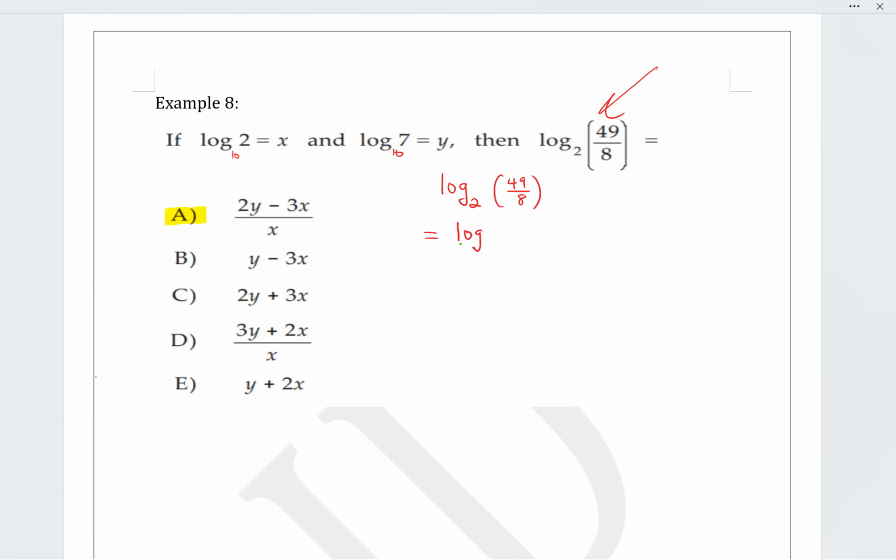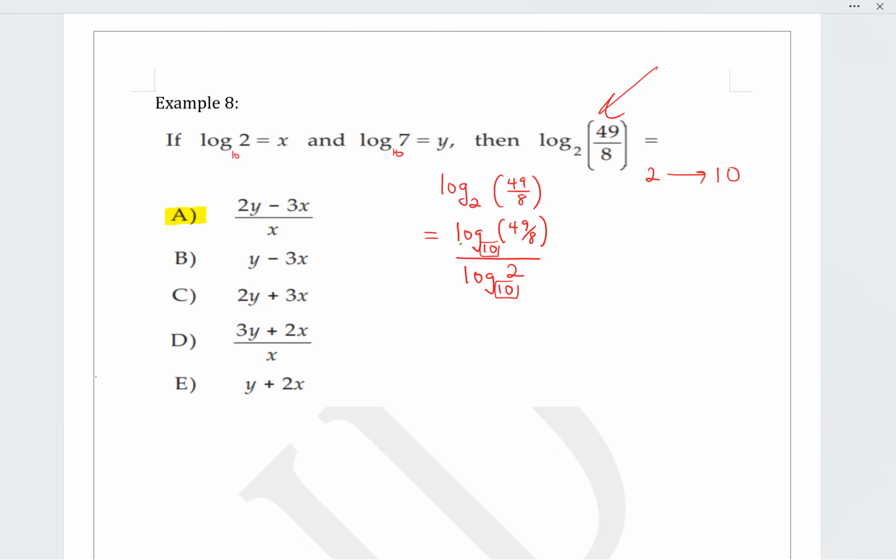So this is going to be log to base 10 of 49 over 8 divided by log to base 10 of 2. Sorry, we're going to base 2, but we need to go back to base 10, yes. What we're doing here is converting base 2 to base 10. Now, everything is in base 10, right?